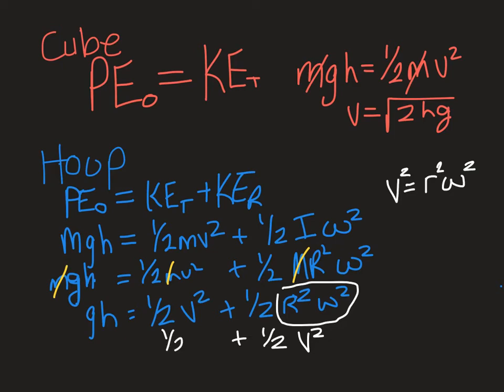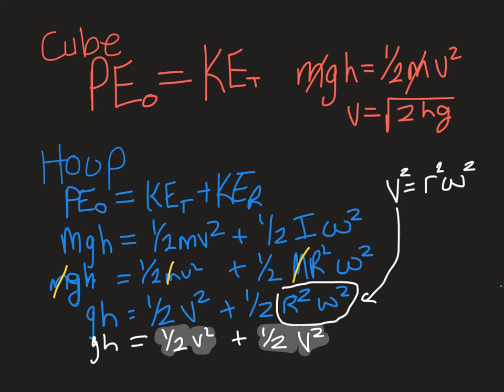So now I'll rewrite my formula using common terms, having substituted in for those variables. And now I have an ability to simplify my equation one step further. I have velocity squared and velocity squared.